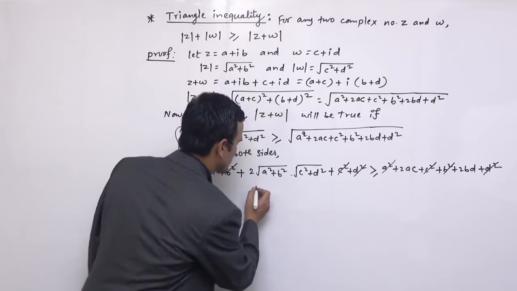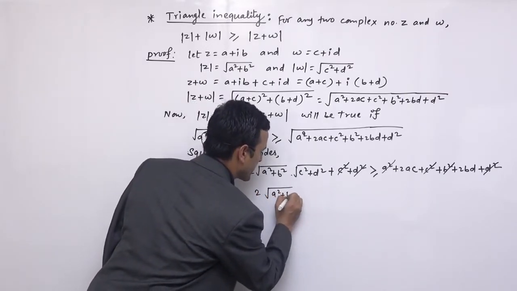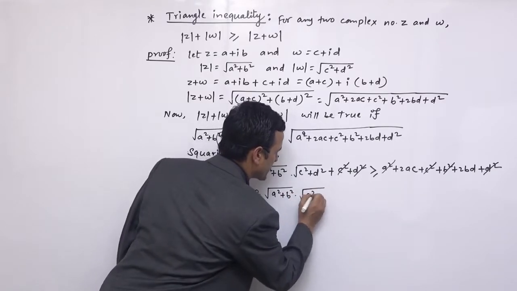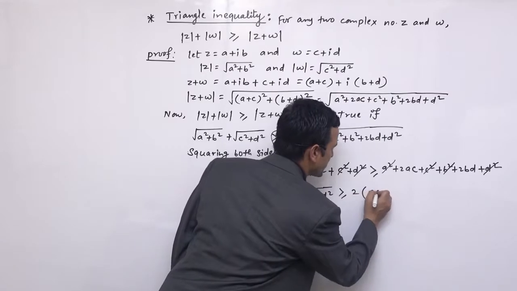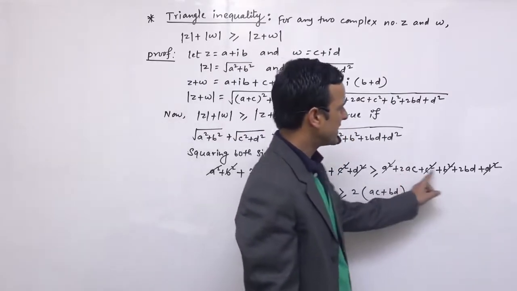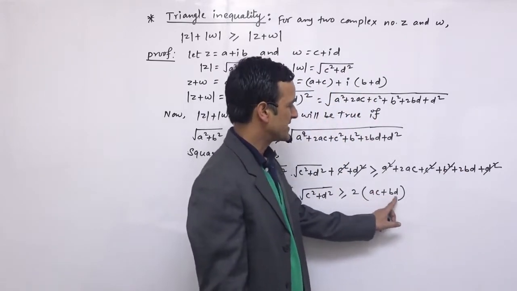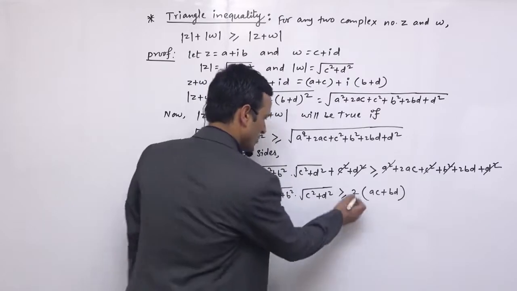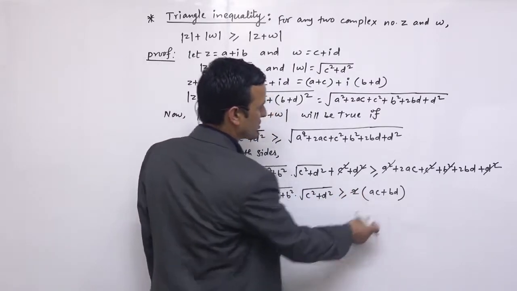So now the remaining terms: 2 times root under (a square plus b square) into (c square plus d square) is greater than or equal to 2 times (ac plus bd). Here is also 2, here is also 2. So we can take out the common factor, and the remaining term is ac plus bd.